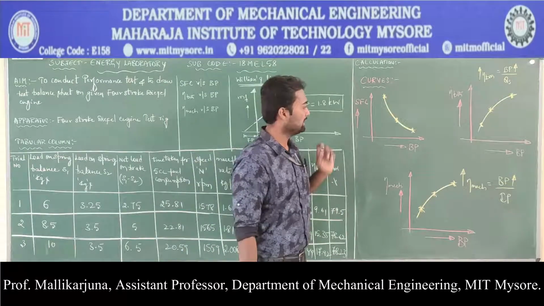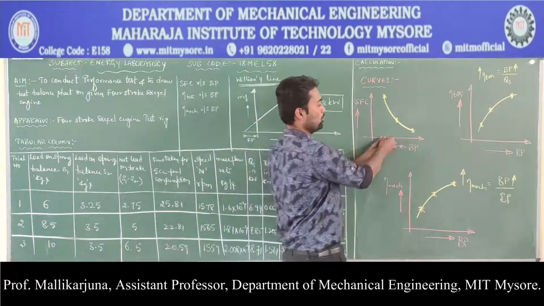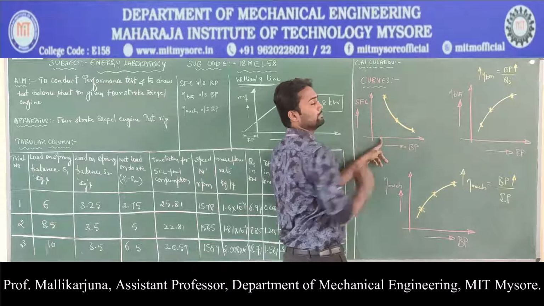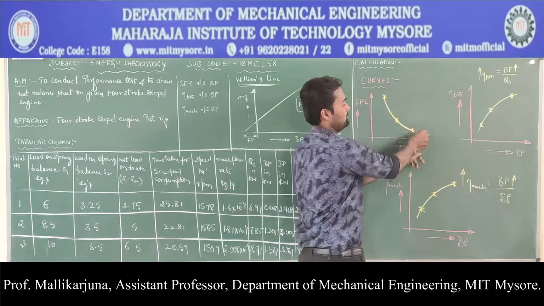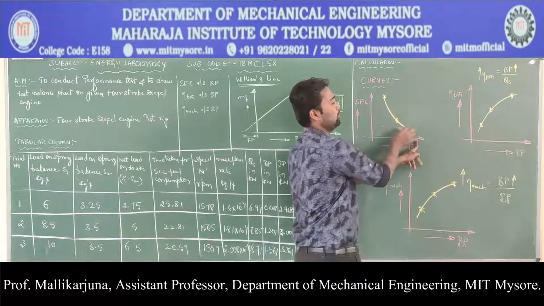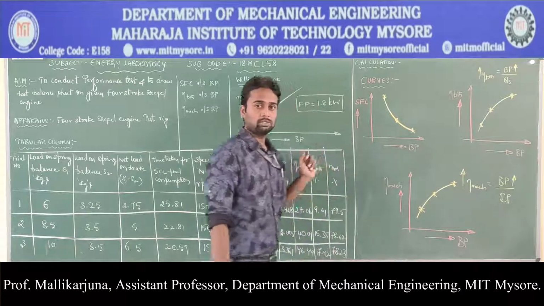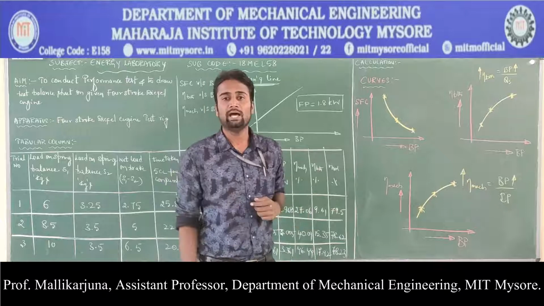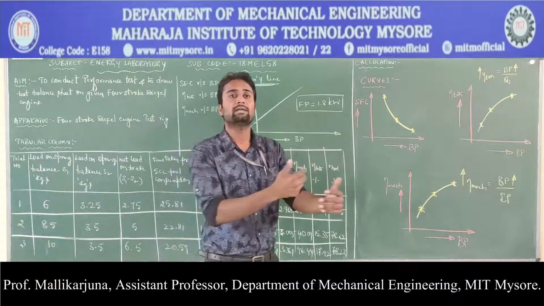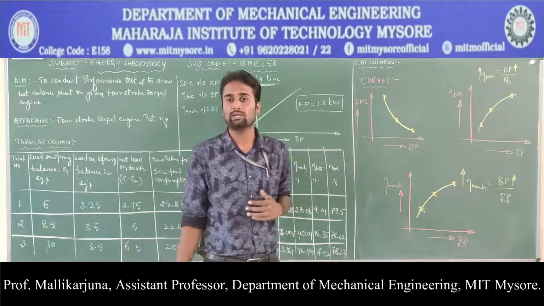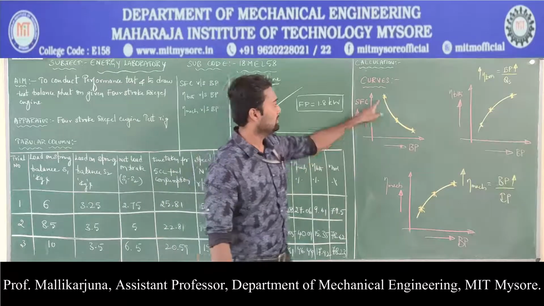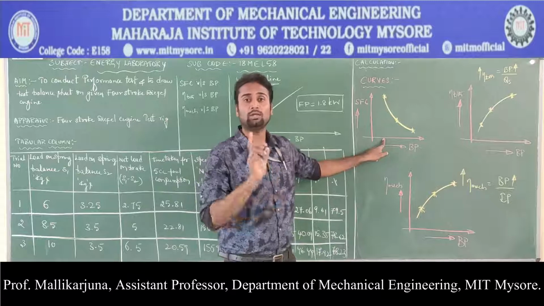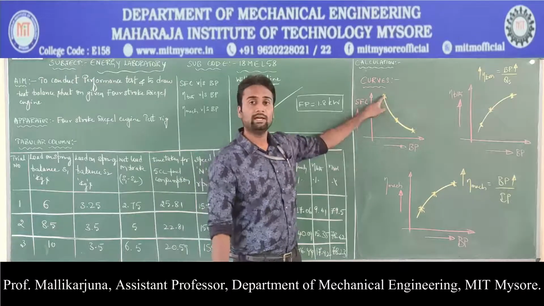So now if you clearly look onto the graph, at lower values of BP, SFC is very high. At higher values of BP, SFC is low. So what we need to understand from this graph is, if I start the engine now, engine hasn't taken the momentum, engine hasn't reached its working condition. At that stage, the SFC, I mean fuel consumption to develop 1 kilowatt of power, is very high.